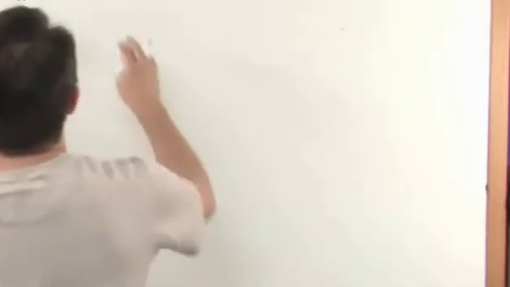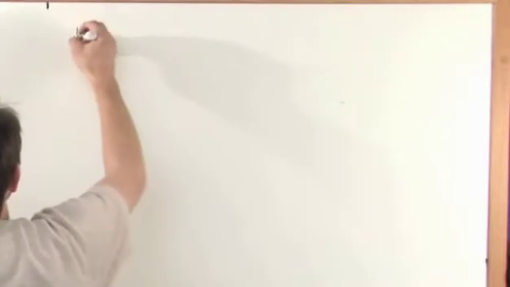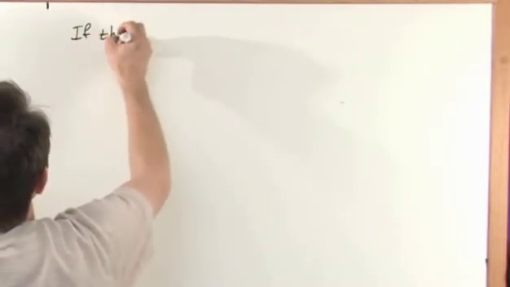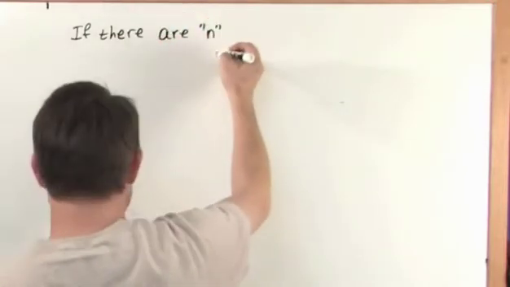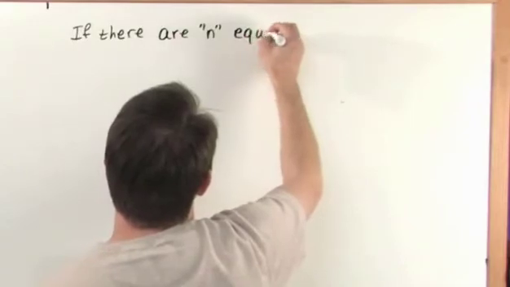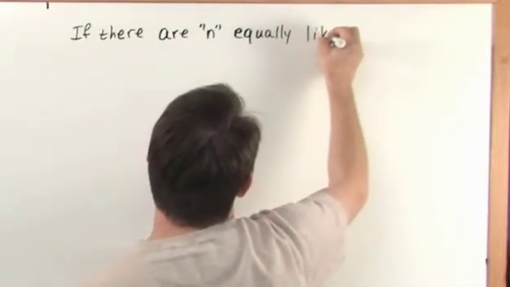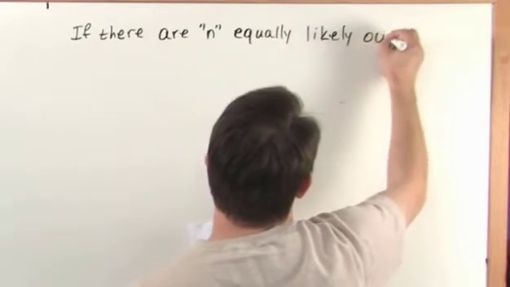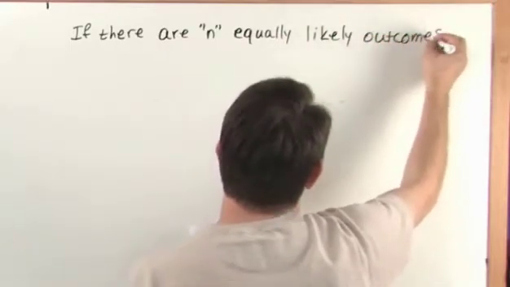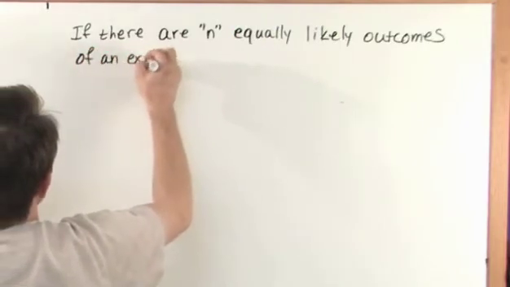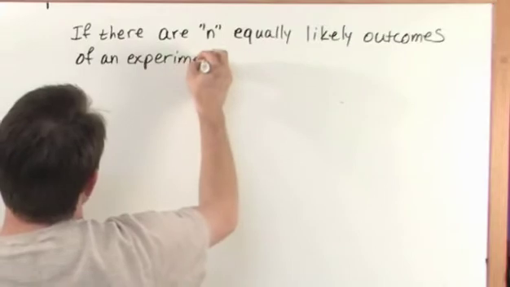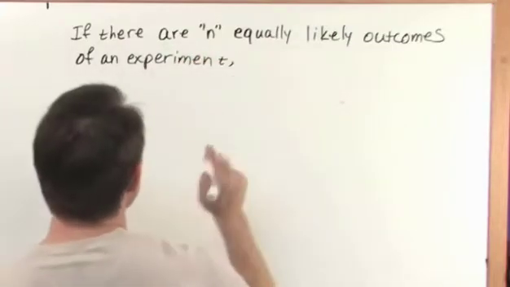So, the way we're going to do this is the following. The way you find the probability of event A, if there are n equally likely outcomes of an experiment. We talked about experiments. Of which one is called a success.